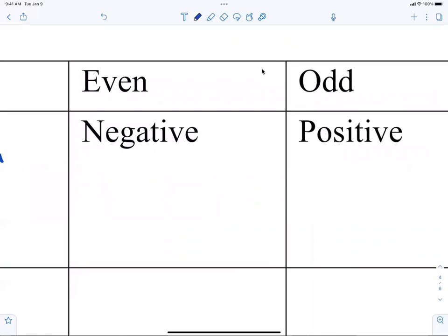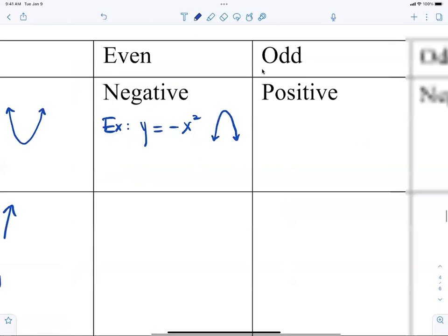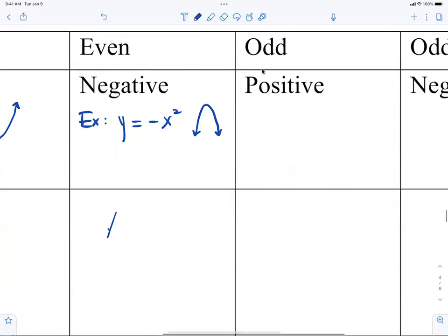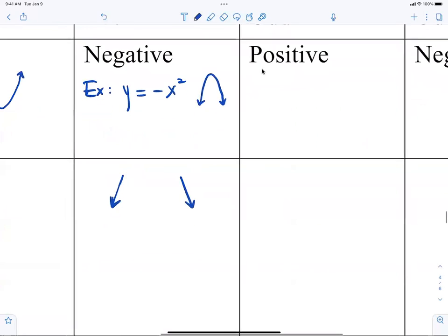Even degree, negative leading coefficient. My example is very similar, but just with a vertical reflection, right? That would be a parabola that opens down. So an even degree polynomial with a negative leading coefficient has the same end behavior, both ends down, as negative x squared.